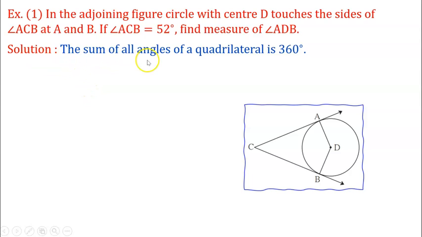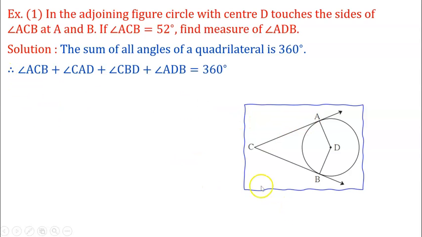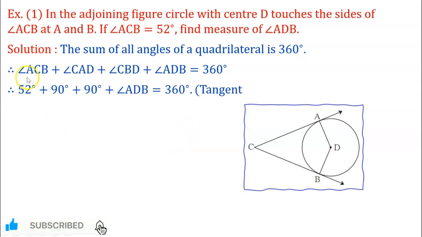Now the solution. The sum of all angles of a quadrilateral is 360. Therefore, measure of angle ACB plus measure of angle CAD plus measure of angle CBD plus measure of angle ADB is equal to 360. Substitute the values: 52 degrees plus 90 degrees plus 90 degrees plus measure of angle ADB is equal to 360.